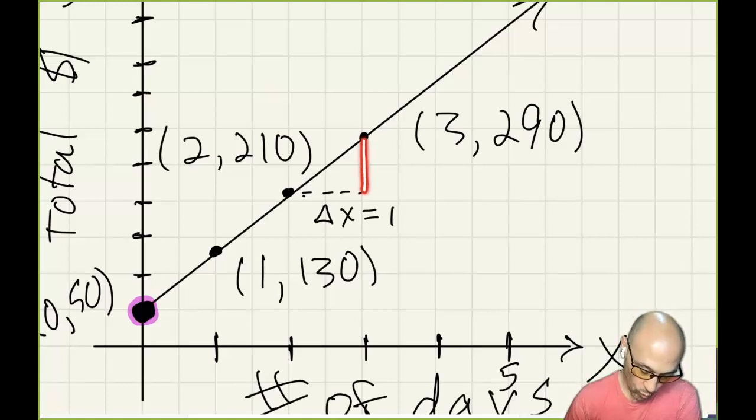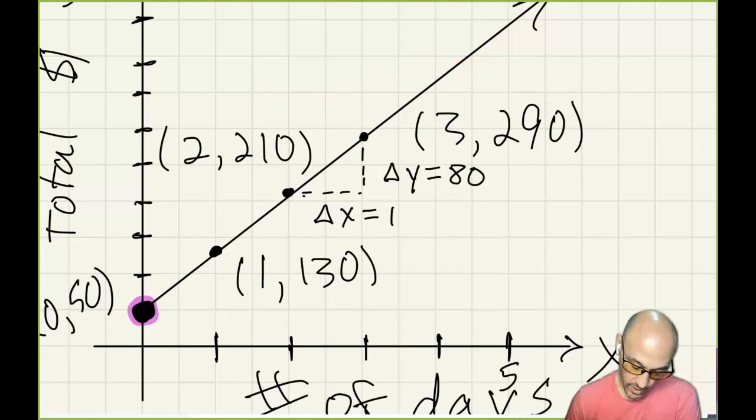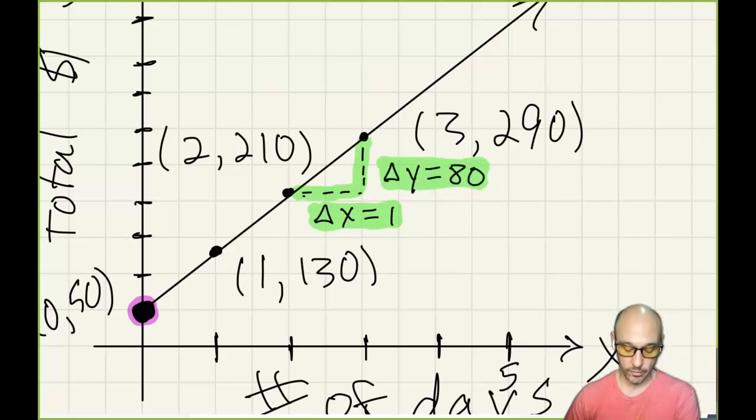And the change in y between those 2 points, the delta y equals 80. So we can see that the slope is represented by that situation, 80 divided by 1.